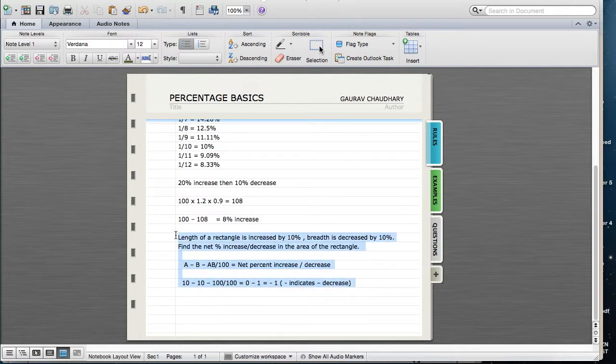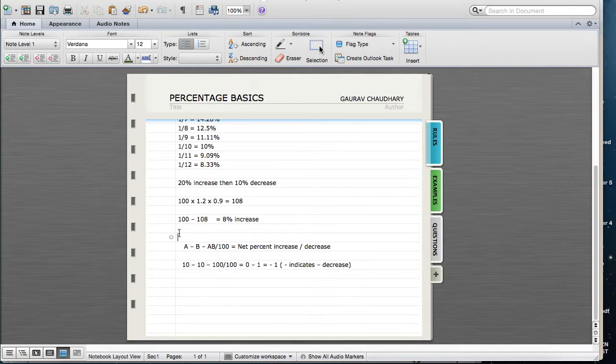Now we'll take another example. We'll solve the same question using this method. So if the salary of a person was first increased by 20% and then decreased by 10%, we have to find the percent increase or decrease in the salary.